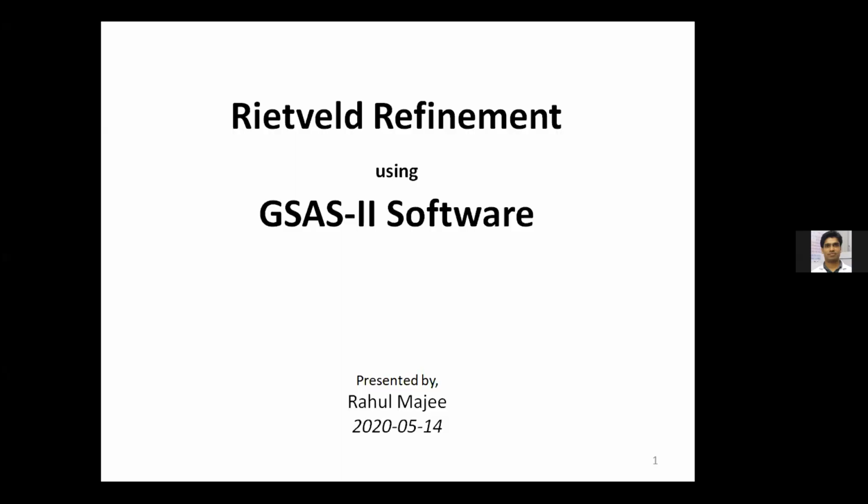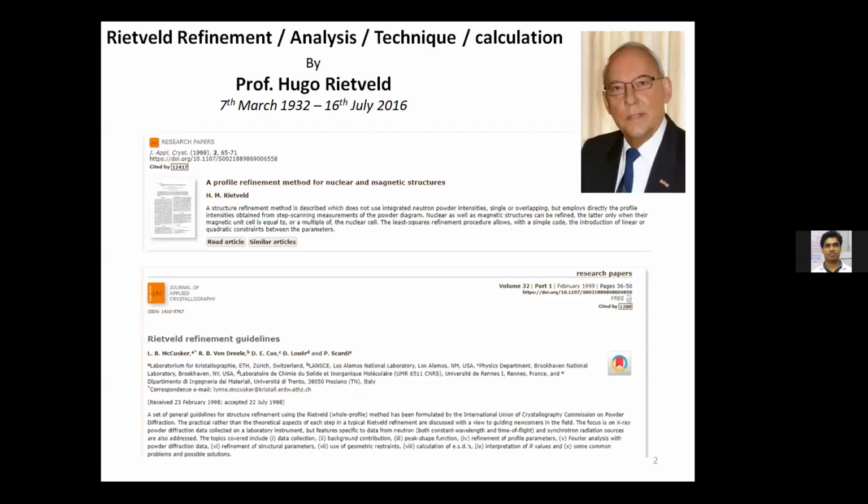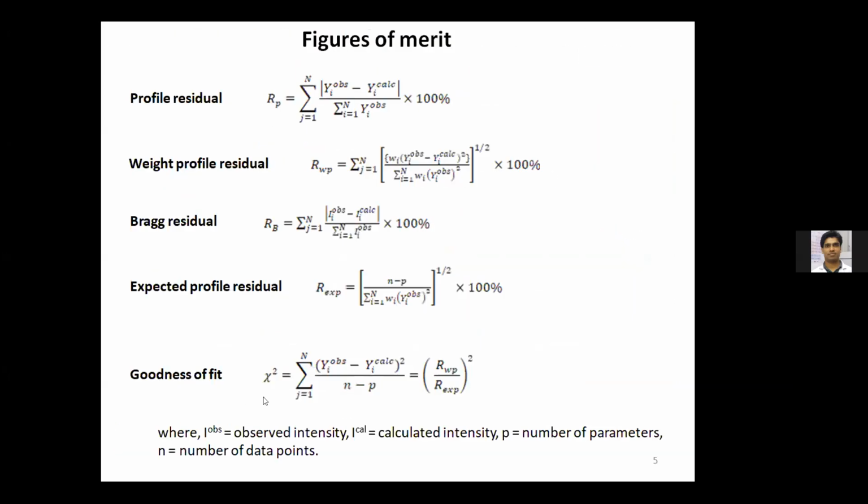So good evening, everyone. In the first part, I introduced how to do the Rietveld refinement using GSAS-II software, and I showed an example with perovskite oxide. Last time, two queries were there, one by Samarth, I think, about the goodness of fit.